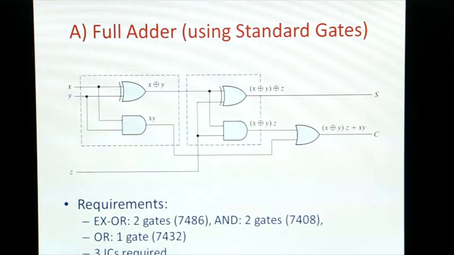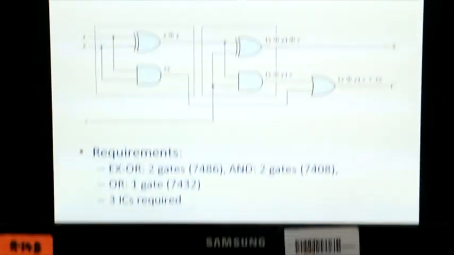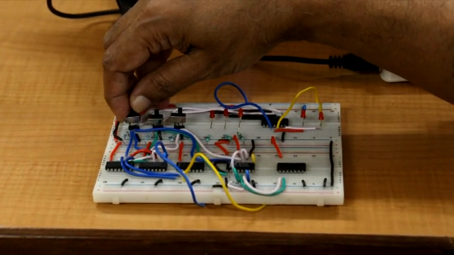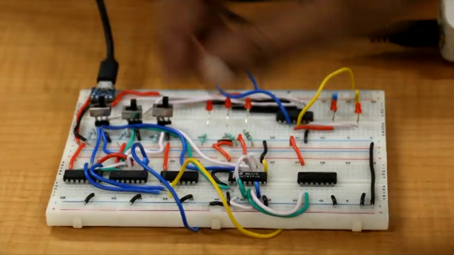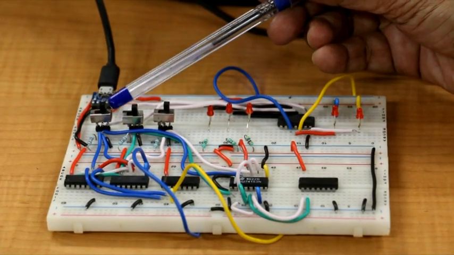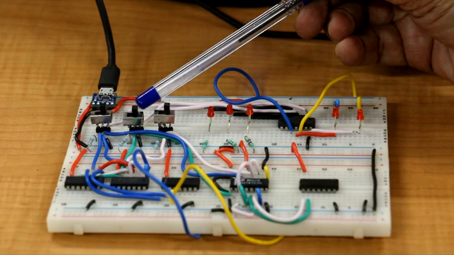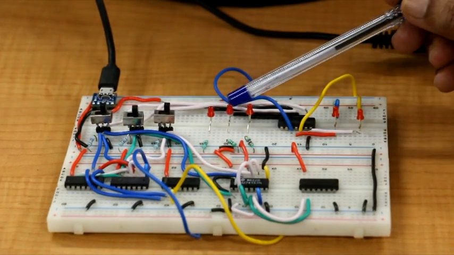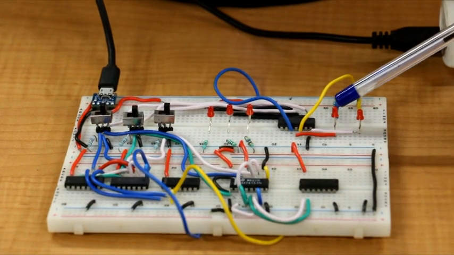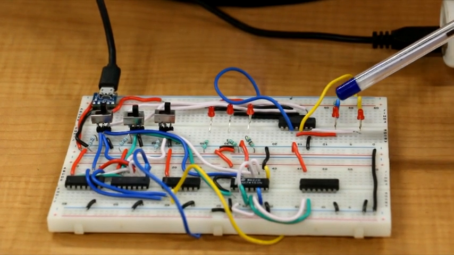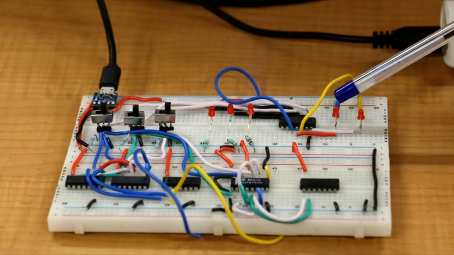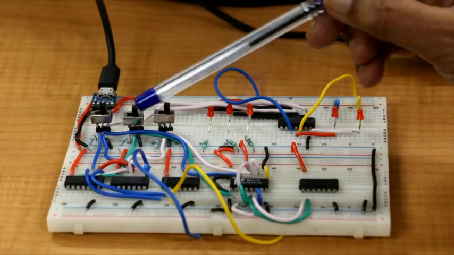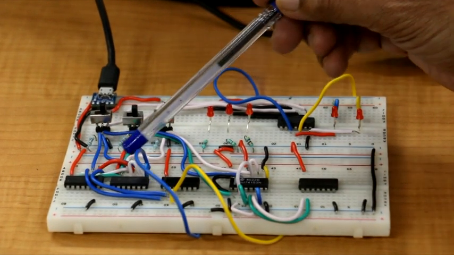So let's test it. What we have done here is we have the switches which give you the inputs, and they also show you the input states, and then finally we have two LEDs here. The first LED is that of the sum and the second one is that of the carry. We have three ICs here.